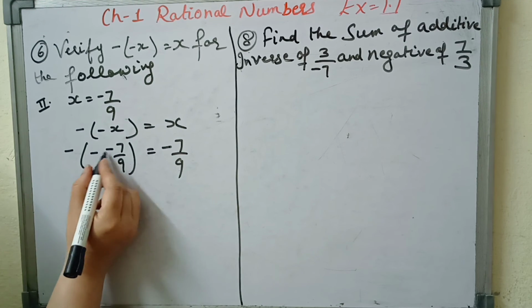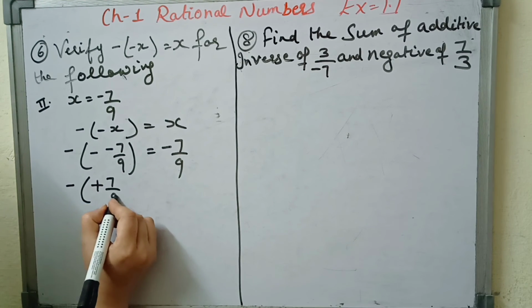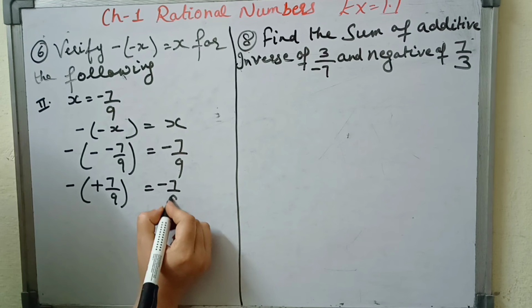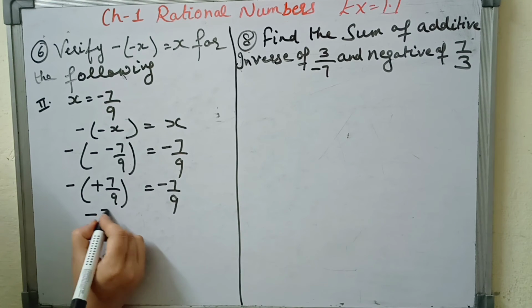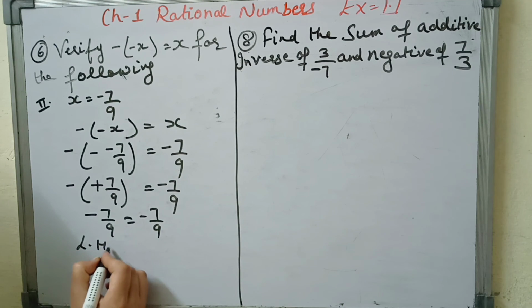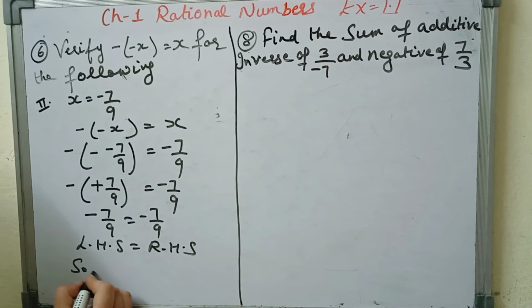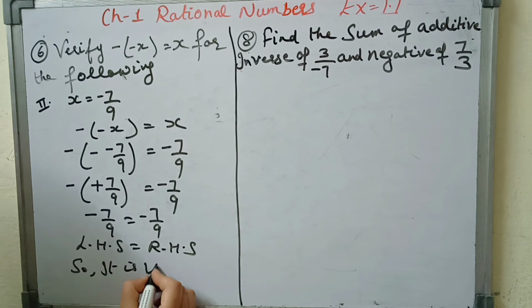Now in the bracket there are two negative signs, and you know minus minus is plus. This is plus 7 over 9. Minus plus is minus. So minus 7 over 9 equals minus 7 over 9. Left hand side equals right hand side. So it is verified.